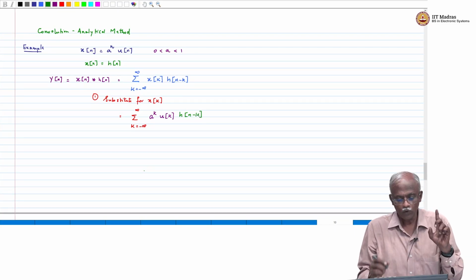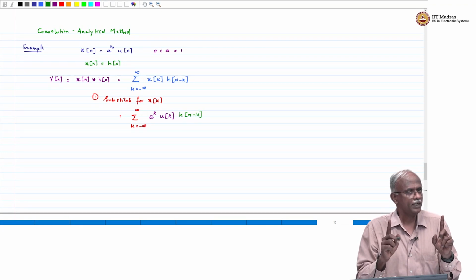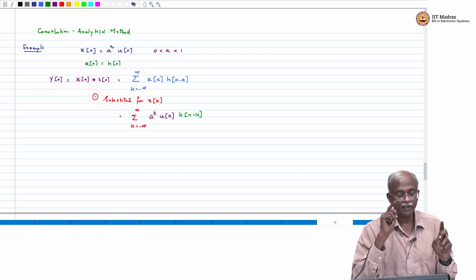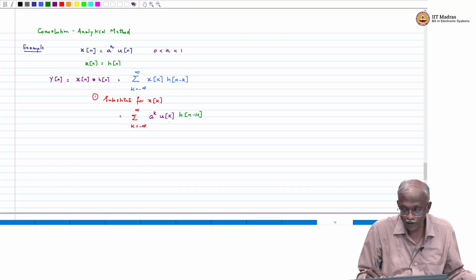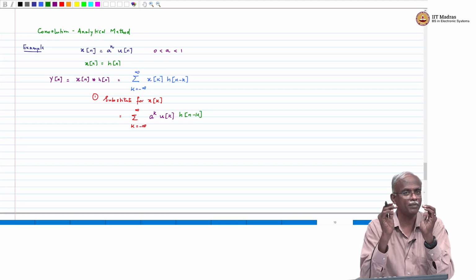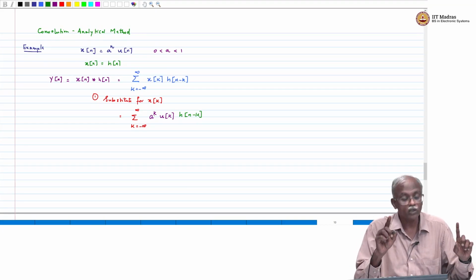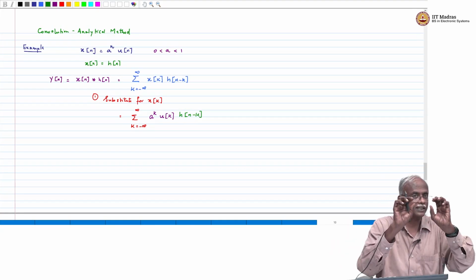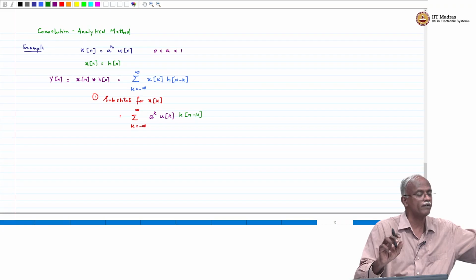Now your summation in the general case went from minus infinity to infinity. But look at the summand, the term that is inside the summation. Where is it non-zero? When you multiply by u of k, it will make the summand 0 for all negative values of k.